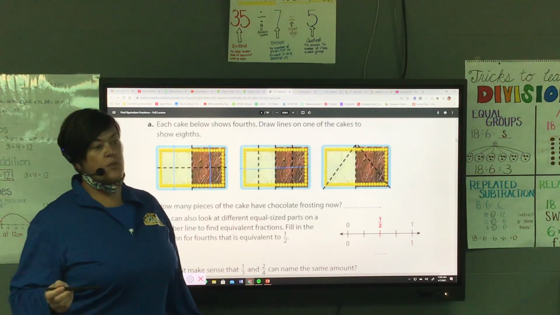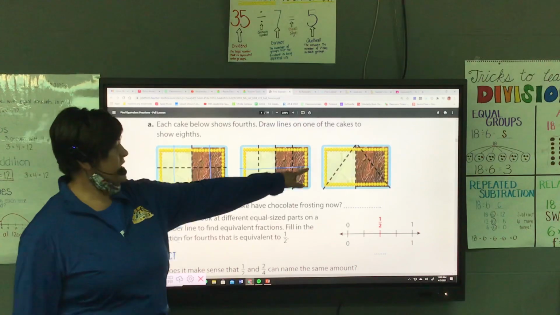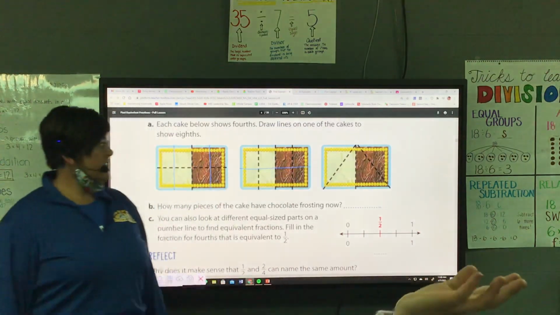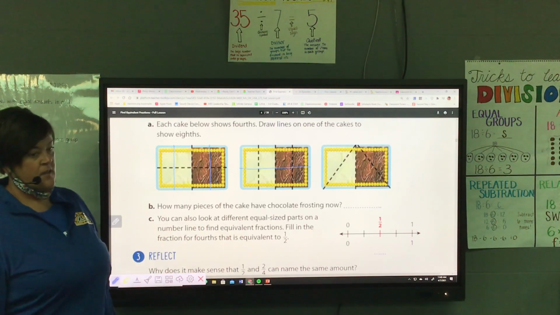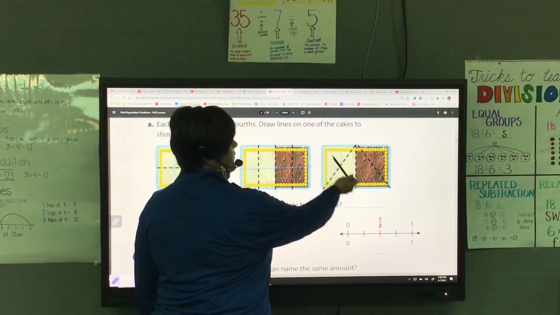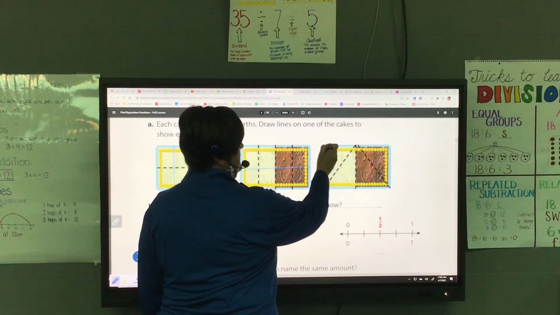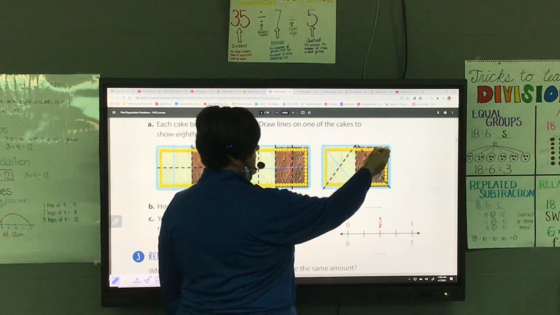What would we do to make it 8 equal parts on this third cake? Haley? Make an X over the... Right, create an X here. Like that? Yeah. And then same over here.